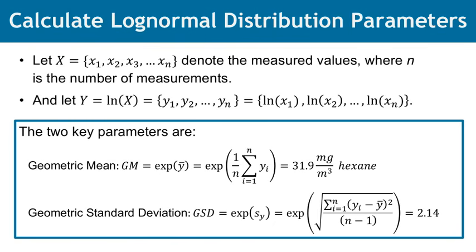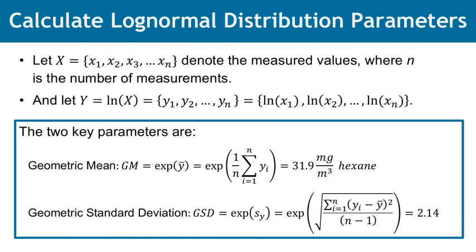And let capital Y equal the logarithm of capital X and denote the set of the logarithm of the measured values. The mathematical expressions for the two key parameters in the log normal distribution, the geometric mean and the geometric standard deviation, are shown below, along with the results calculated for the hexane data.